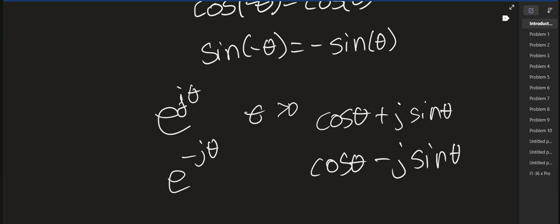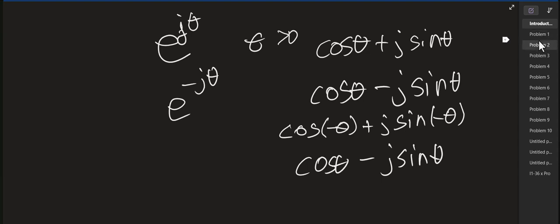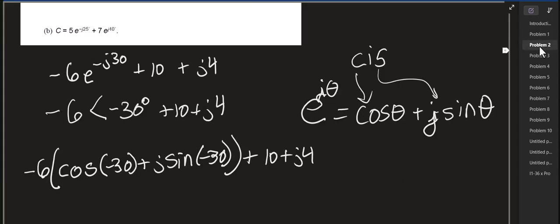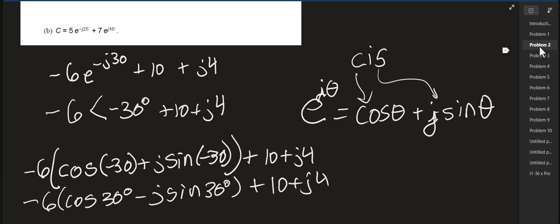Because if I had cosine negative theta plus j sine negative theta, the cosine of negative theta is the same as cosine theta, and the sine of negative theta is negative sine theta, so minus j sine theta. You can sometimes do that quickly. And so this is -6 times cosine 30 degrees minus j sine 30 degrees, plus 10 plus j4.